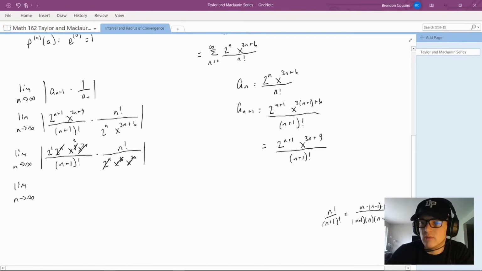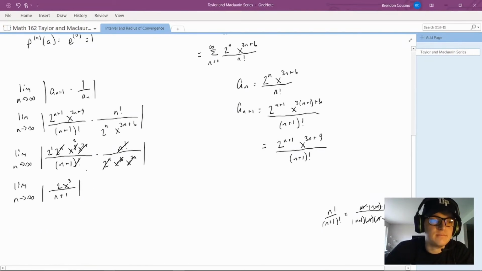And basically all we need to know about this is that all the terms in the numerator are going to cancel with the terms in the denominator, leaving us just with an n plus 1 in the denominator. Okay, so then this is going to cancel, and the factorial is going to cancel. And so looks like we're just left with 2x cubed, I think that's all that's left in the numerator, divided by an n plus 1.